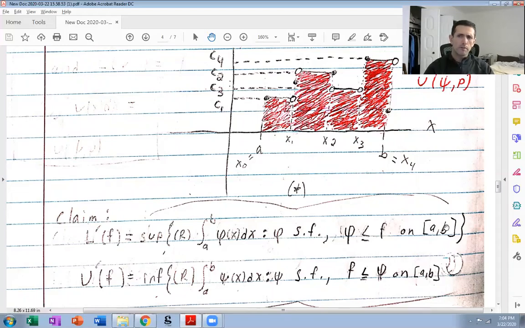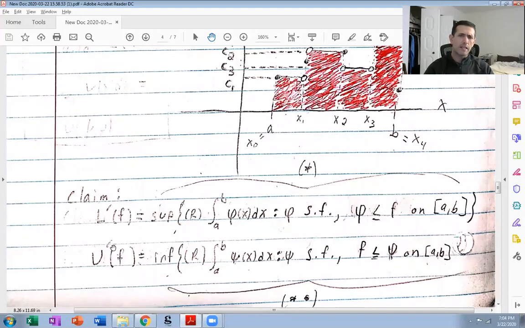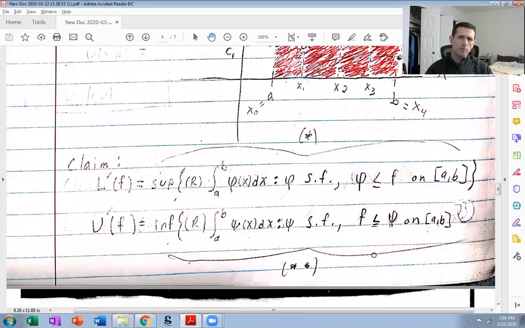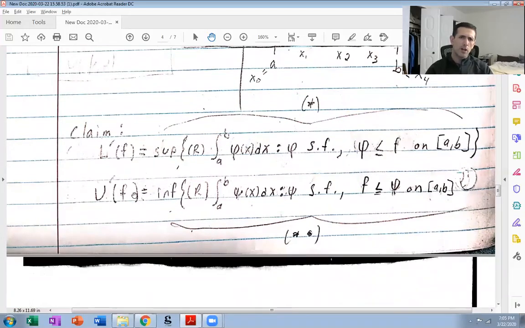Okay. On the closed interval a to b. And I claim that the modified upper Riemann integral is going to be the infimum of all these integrals, where we're looking at step functions, where this should be psi here, so not phi. Psi is bigger or equal to f on a to b. Again, that means psi of x is bigger or equal to f of x on a to b. All right, so I'll leave the fun of proving this for homework.